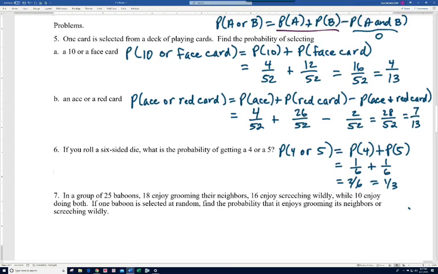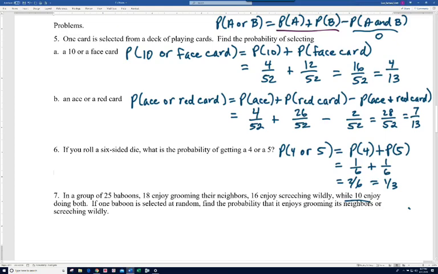All right, number 7. Now this is a silly problem I pulled out of the book. I think you're going to run into one similar to that in your homework. It says, in a group of 25 baboons, 18 enjoy grooming their neighbors, 16 enjoy screeching wildly, while 10 enjoy doing both.